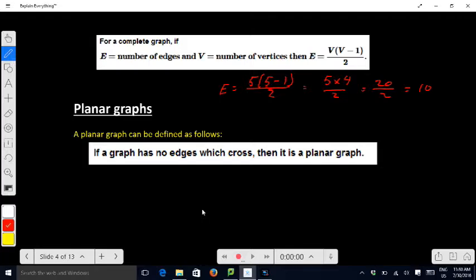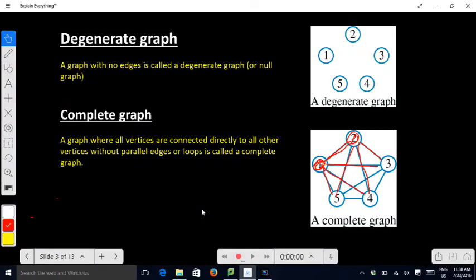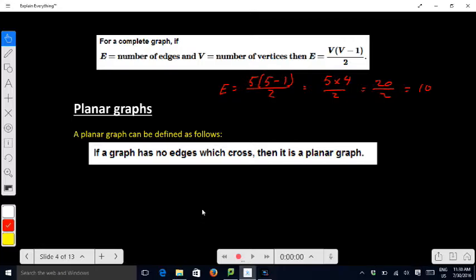So if I had 5 vertices, if it was a complete graph, I would have, through the formula, 10 edges. We've seen from this quick example we had 5 vertices and 10 edges, therefore from the formula it can be said that that graph is a complete graph. So that's how we determine if they are complete or not.